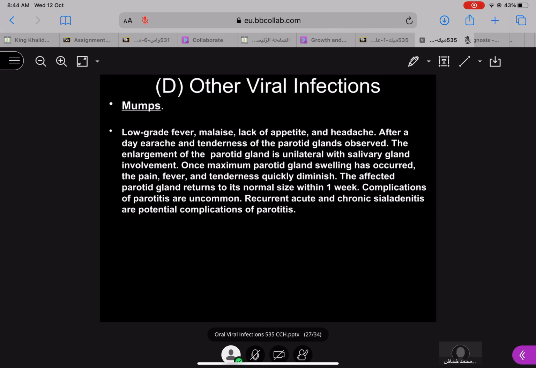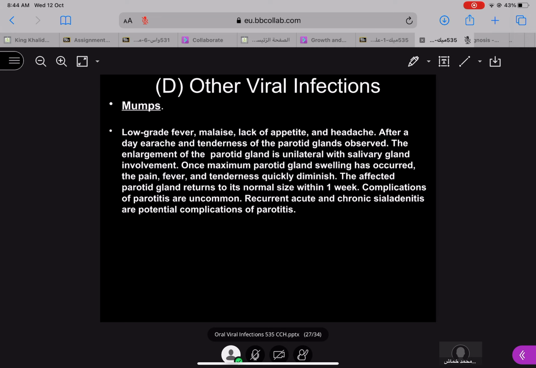After a day, tenderness and enlargement of the parotid gland are observed. You see this quite often in your clinic. You will see maybe this virus, mumps.